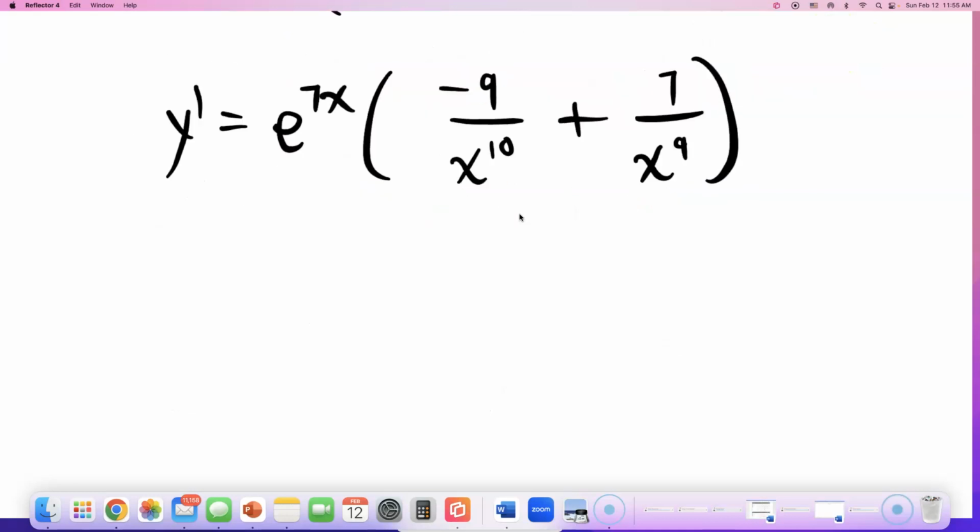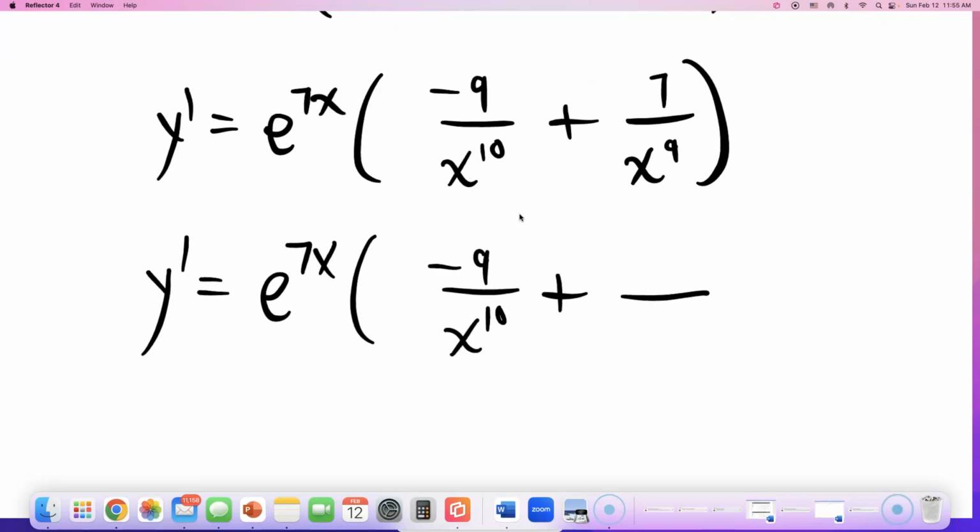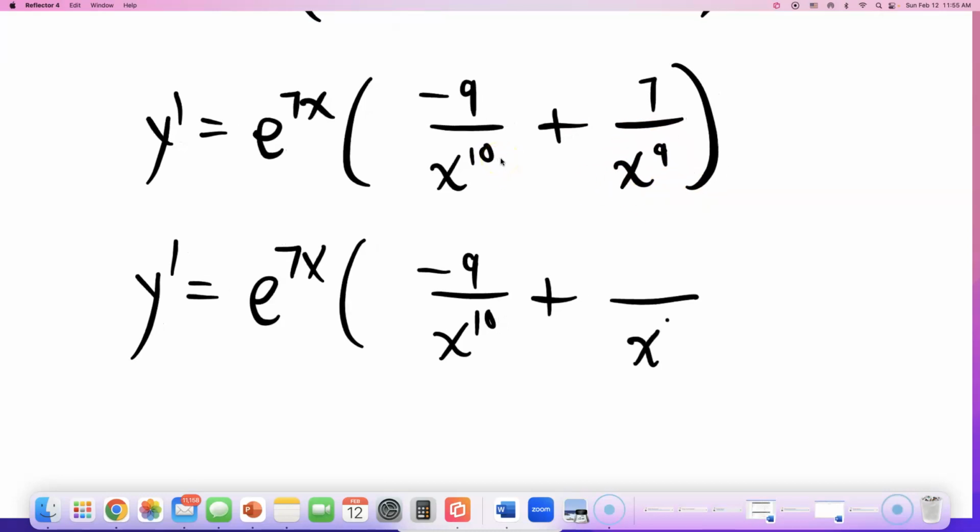And if you want to add these fractions, you can, but first you need to make a common denominator. So the easiest way would be to multiply the top and bottom of the second fraction by x over x, right? Because if I add an extra x to x to the 9th power, that will be x to the 10th power.